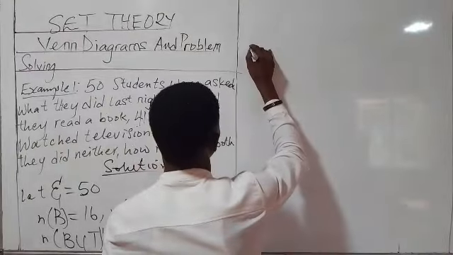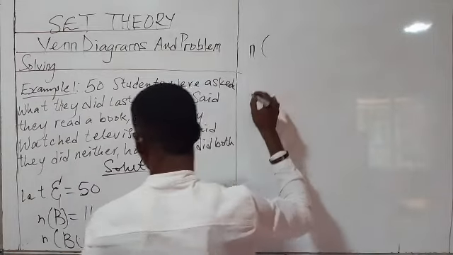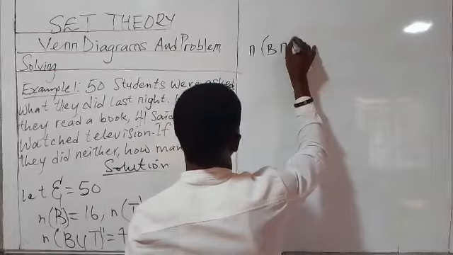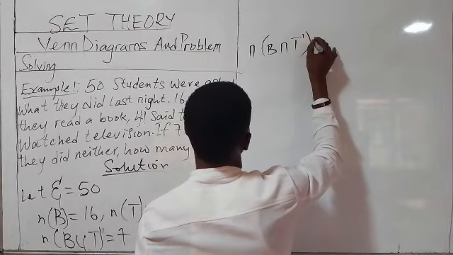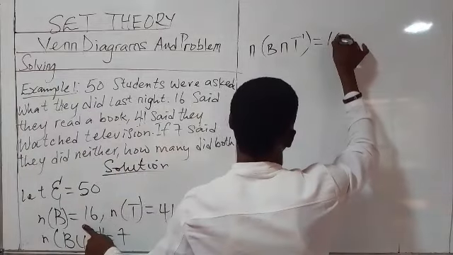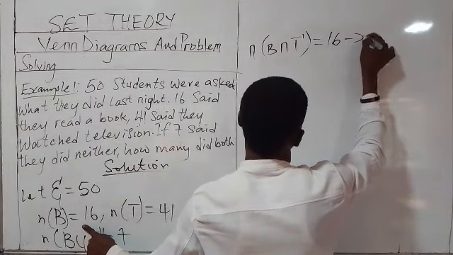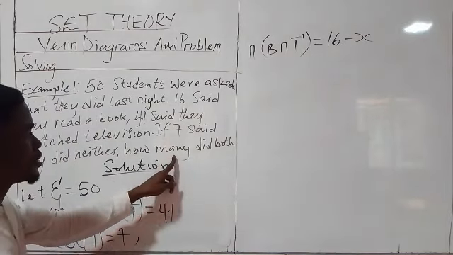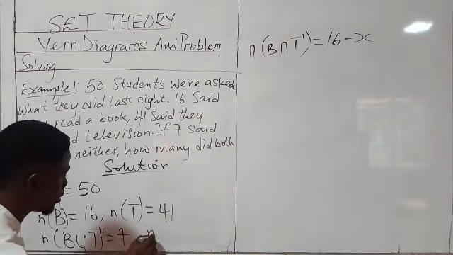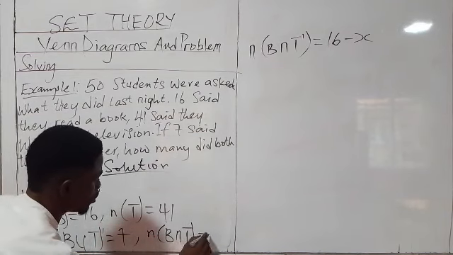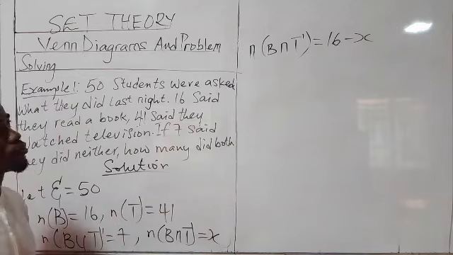Now, for you to know the number of the students who read the book, it is going to be B intersection T. Then you have what? It's going to be 16 minus X. Don't forget that those who did both, B intersection T, equals X. Okay?